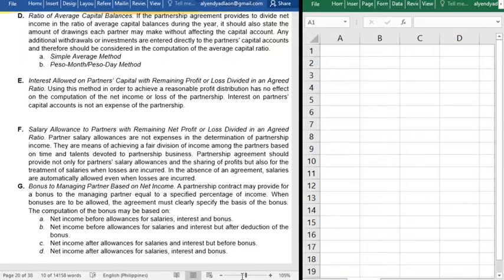I hope you already know about this, since as far as I remember, I discussed this in Intermediate Accounting 2. I expect you to already know about this, but just to refresh you, we are going to discuss this one.